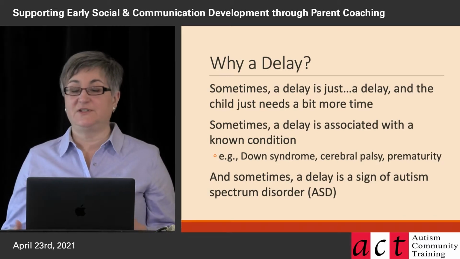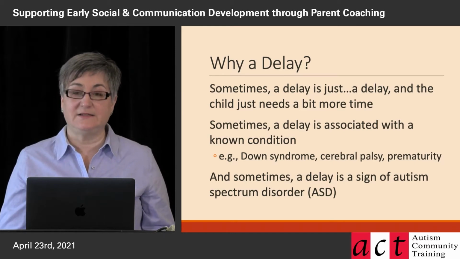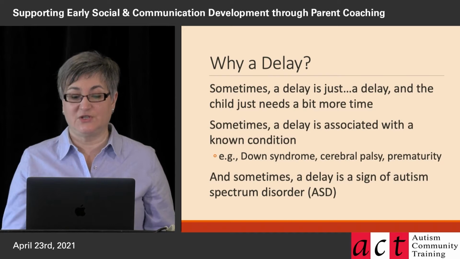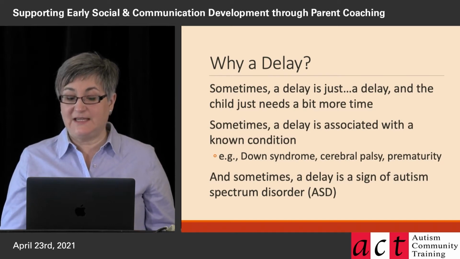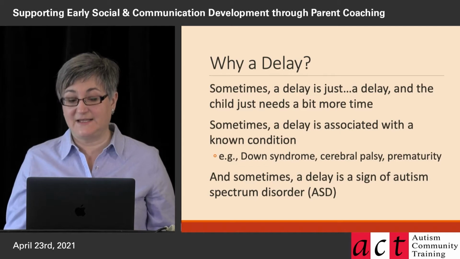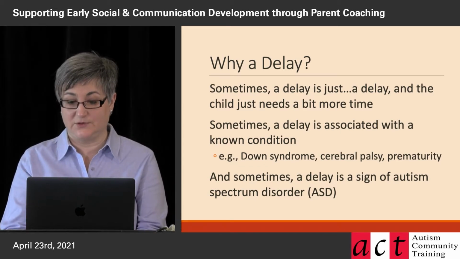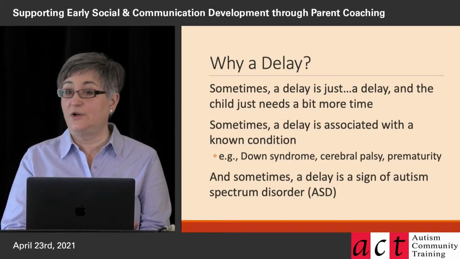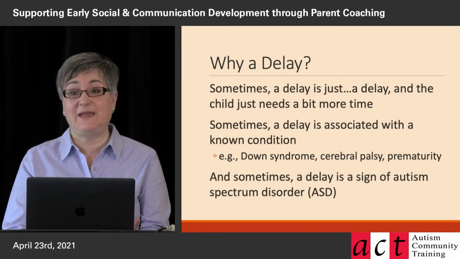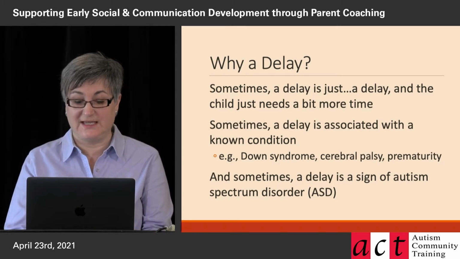So, for instance, if a child has already been diagnosed with Down syndrome or had cerebral palsy or was born prematurely. But in other cases, a social communication delay can be a sign of autism spectrum disorder. We don't always know why there is a delay, but regardless, we should be paying attention if we notice that there is a social communication delay.